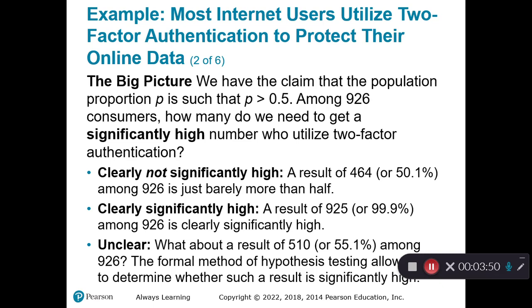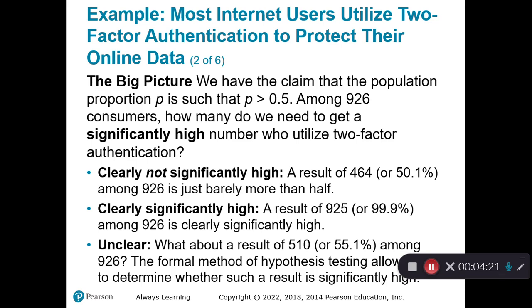Probably that wouldn't be enough, because the claim is that most people do. Would our sample need to have just slightly over 50%, such as 464 out of the 926? Well, that's only 50.1%. That's really close to half. So being barely more than half really doesn't make us feel very confident about using the word most.